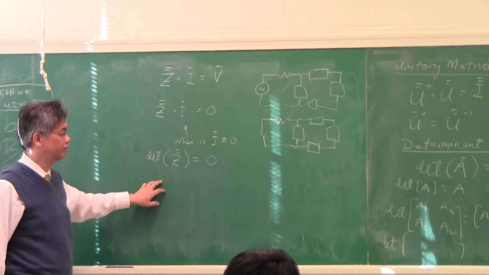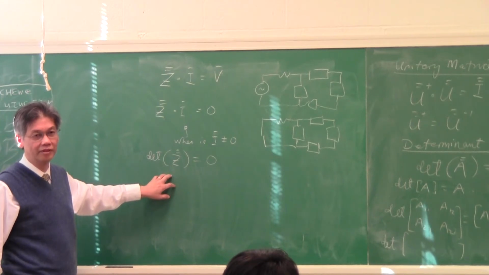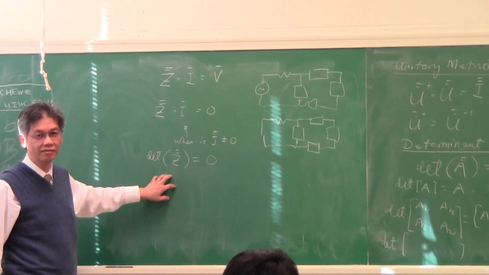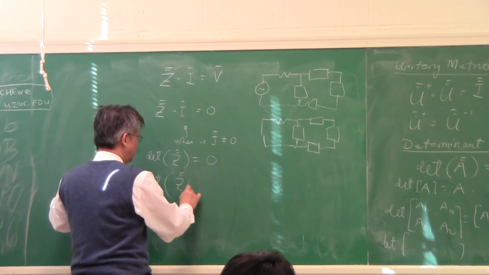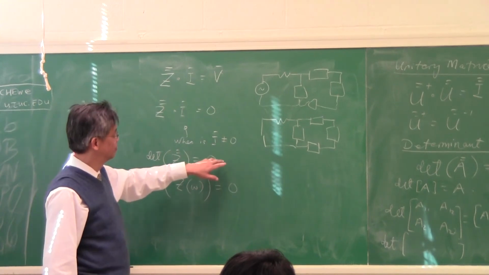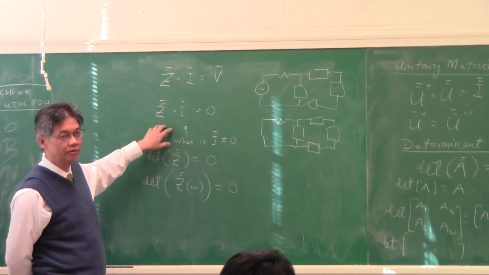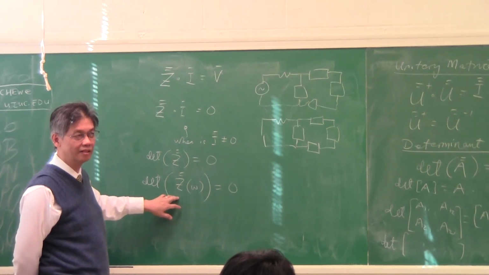Okay, this is true. And oftentimes, you have to look for the solution of this off the real axis. You have to find an omega. This cannot always have a solution. It can only have solutions at certain omegas that this equation is satisfied.